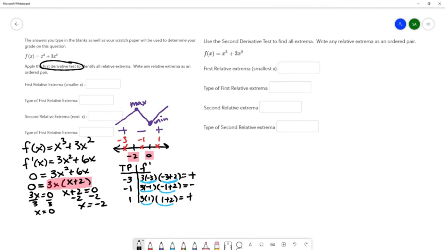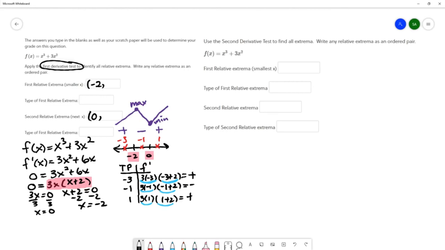So we have -2 being an extrema, excuse me, not -1, -2, and 0 being an extrema. We need the y coordinates, and we're going to substitute those into the function to get them. We also know the type of relative extrema.